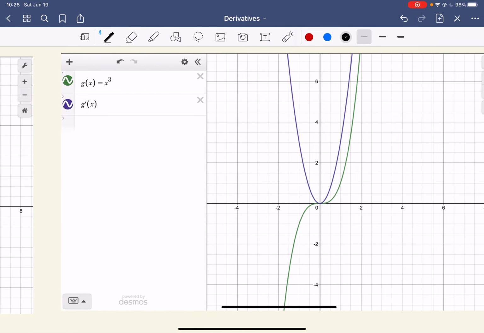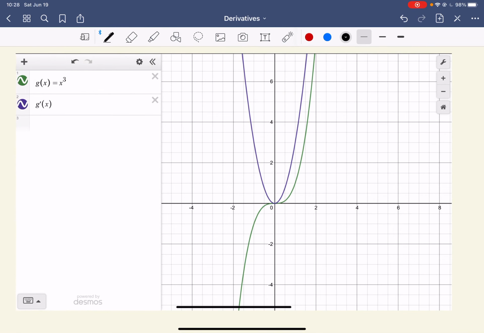And let's take a look at this one. We have the original equation as a cubic, and obviously over here it is reduced to a quadratic, which is the 3 minus 1 power, and we know that it passes 0, 0 with the vertex over here, and it passes 1, 2 as well, and -1, 2.